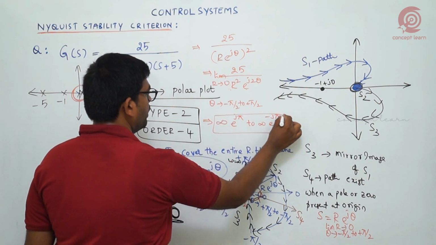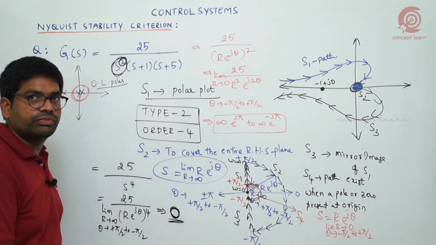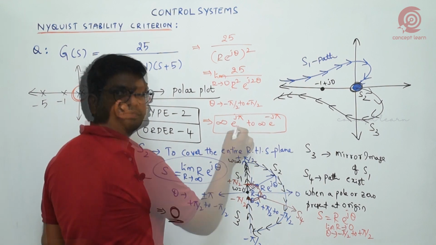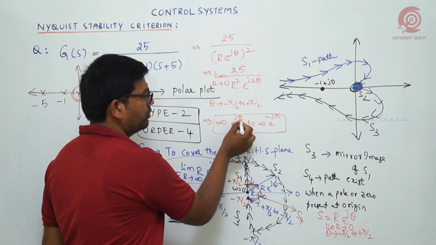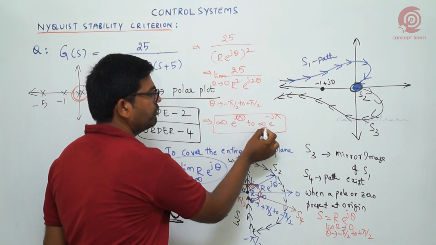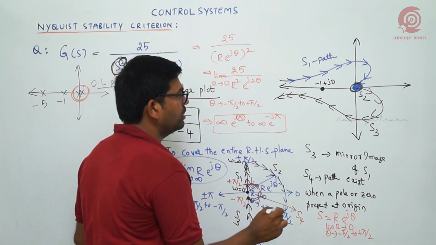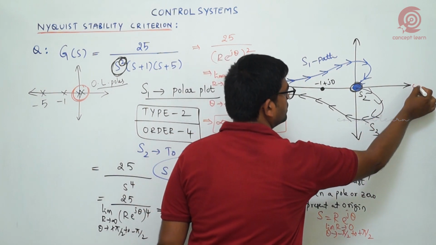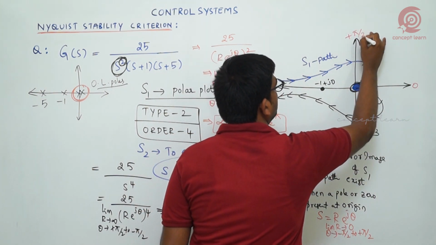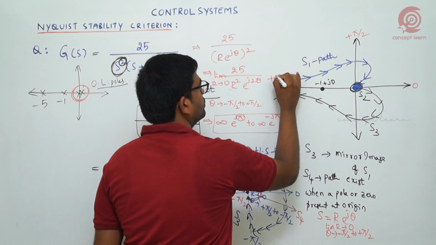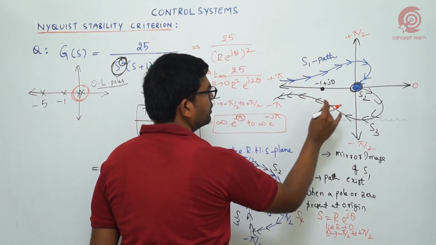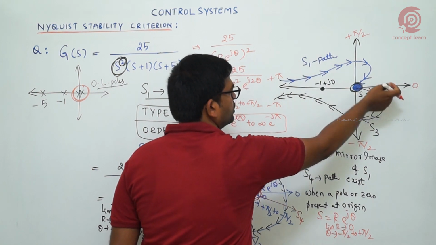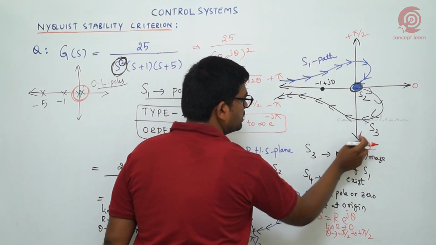This is the magnitude for the S4 path. When we map, infinity e^(j180°) goes to infinity e^(-j180°). This is plus 90, so plus 180, but this is minus 90, so minus 180, because the upper one is anti-clockwise and the lower one is clockwise.